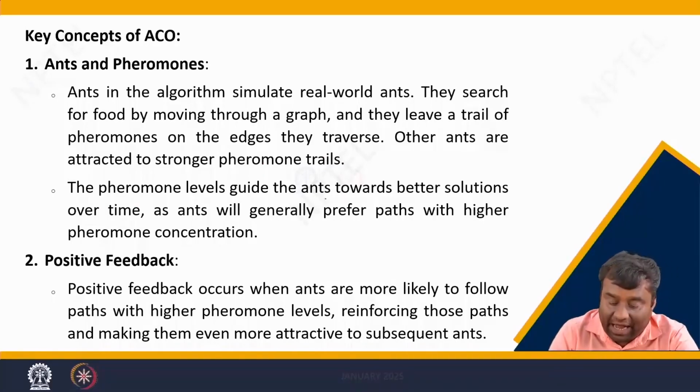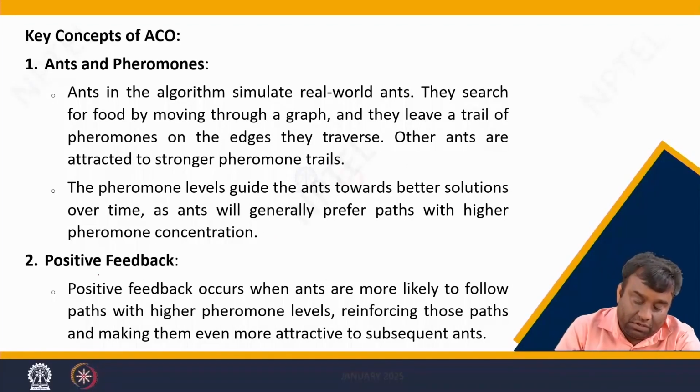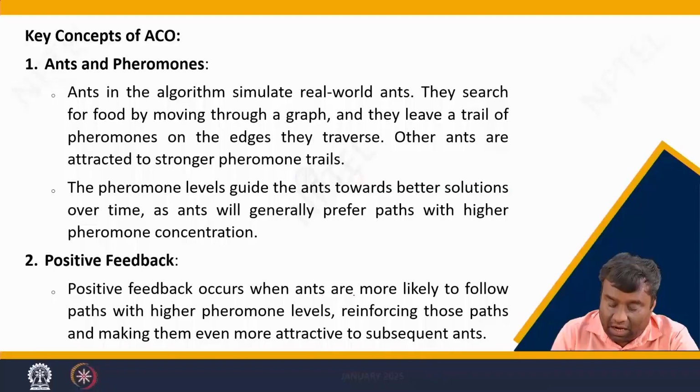The pheromone levels guide the ants towards better solutions over time, as ants will generally prefer paths with higher pheromone concentration. Second is positive feedback. Positive feedback occurs when ants are more likely to follow paths with higher pheromone levels, reinforcing those paths and making them even more attractive to subsequent ants.